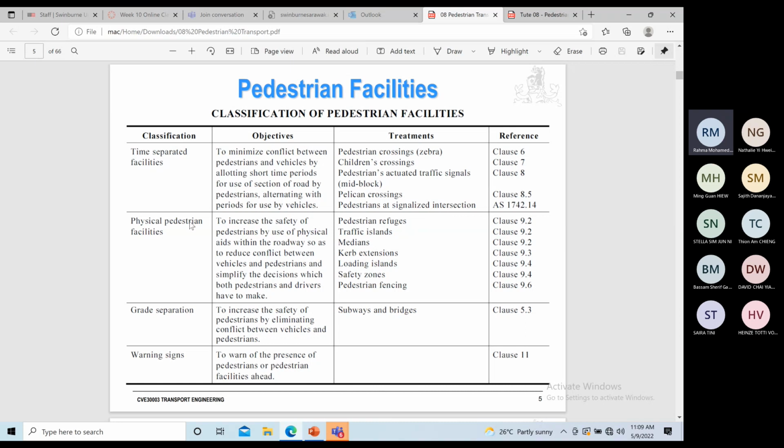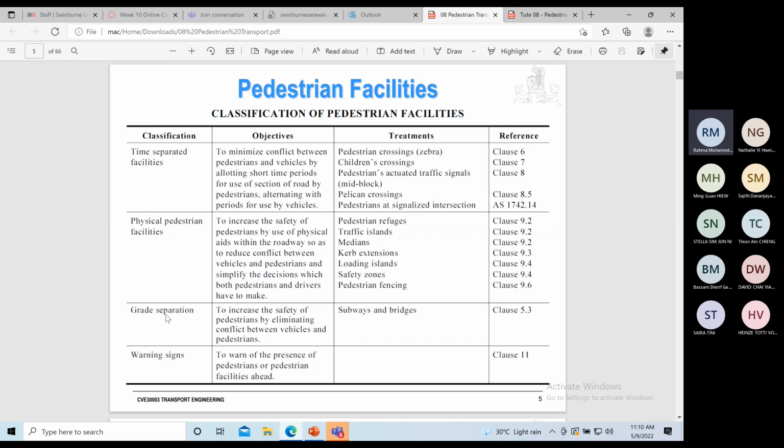So moving on to the physical pedestrian facilities, they also work on a similar principle to minimize conflict, but not to eliminate it totally, and increase safety of pedestrians by using some sort of physical aid within the roadway. Examples of such treatment can be pedestrian refuge, traffic islands, medians, curb extension, loading island, safety zones, and pedestrian fencing. We can see some photos later.